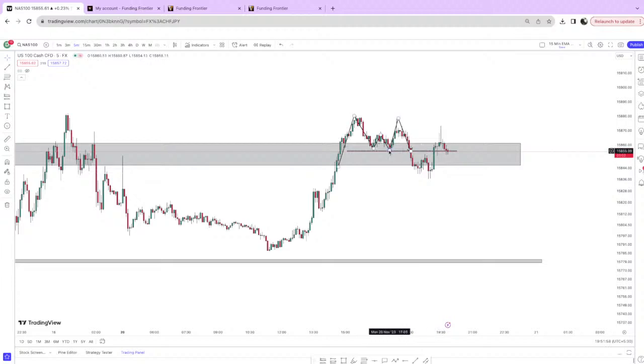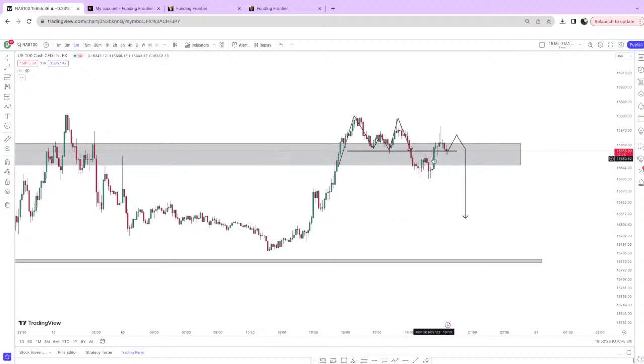What I am seeing is it broke the head and shoulder, then it went for the retest of this head and shoulder, and now it's again coming down. What I feel is it will make a double top here and it will fall down.